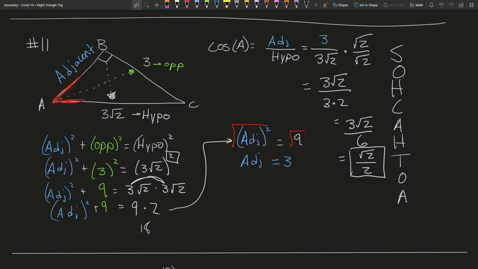Why wouldn't it be 3 rad 2 over 6? Because we can simplify 3 rad 2 over 6. Three over 6 is just 1/2. And then that rad 2 just stays there.